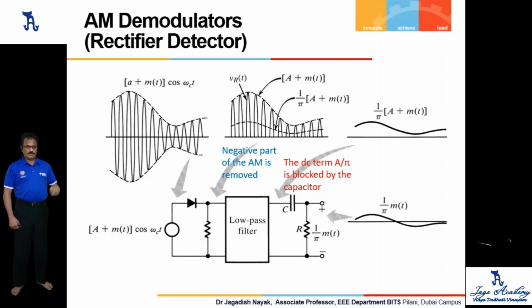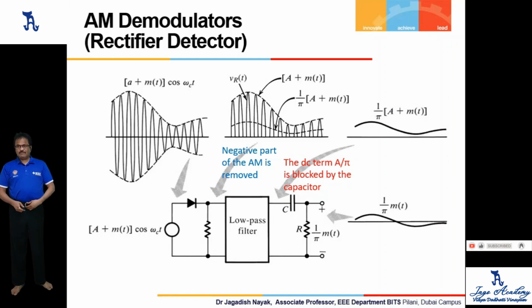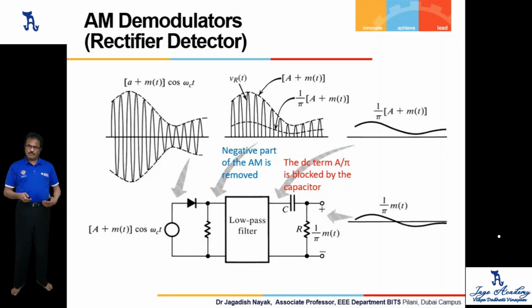Baseband signal means your m(t) out of the equation, right? But we don't want to have that cos omega_c t, right? So that's why we will remove the carrier frequency by using a low pass filter, right?